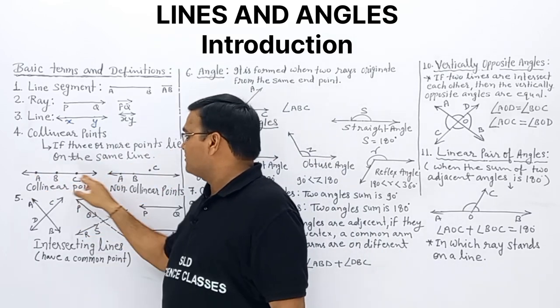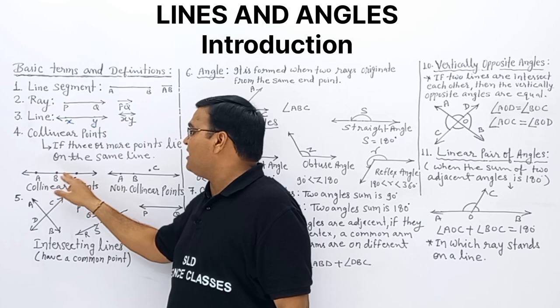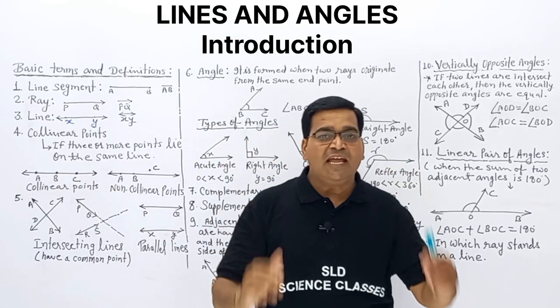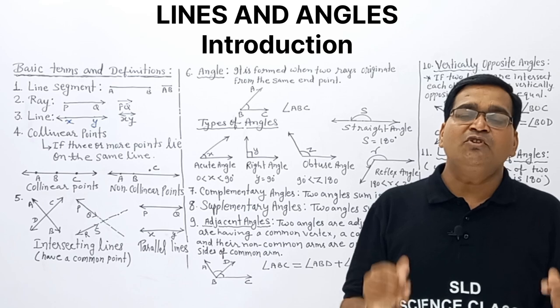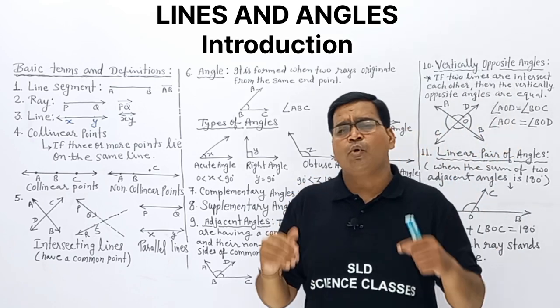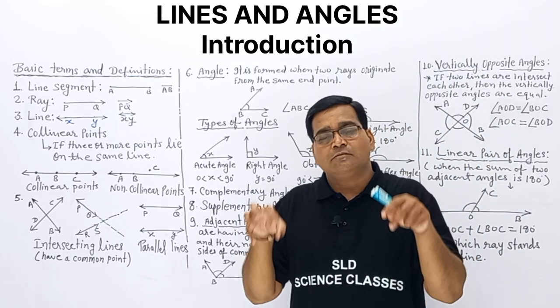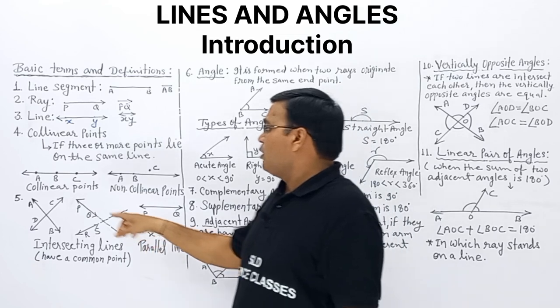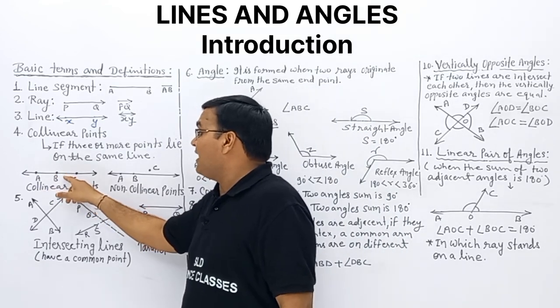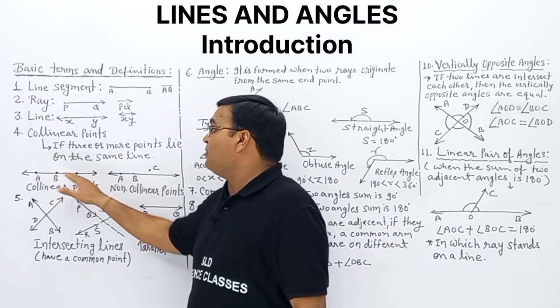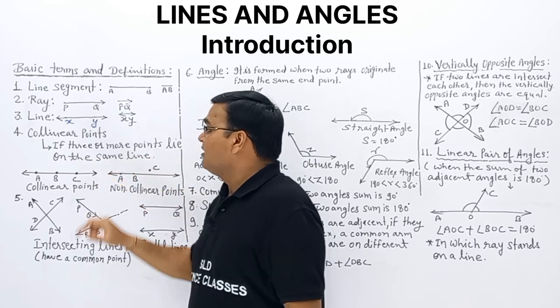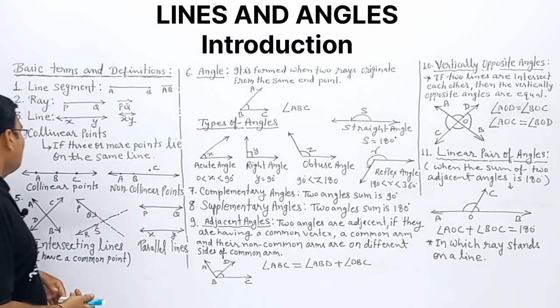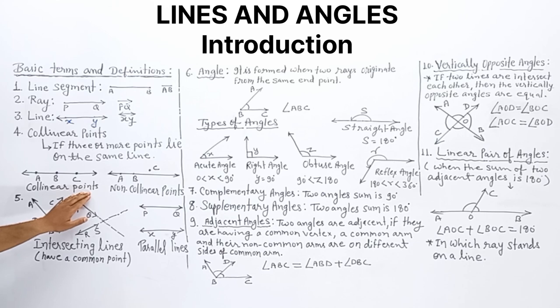This is the line and A, B, C are three points. Three or more points lie on the same line, that is called collinear points.